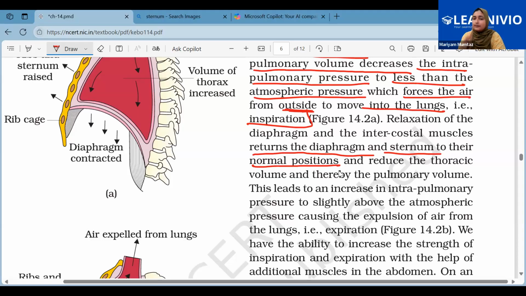Then the thoracic volume will reduce, and the pulmonary volume will also decrease. Since the volume is reducing, the pressure is increasing. As a result, the pressure is high in the lungs and low in the atmosphere. So the expulsion of air from the lungs to the atmosphere takes place, and we call it expiration.